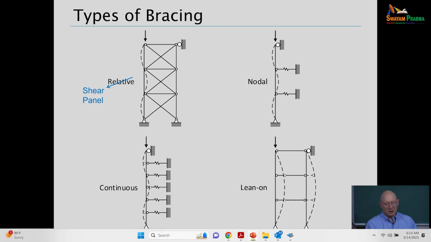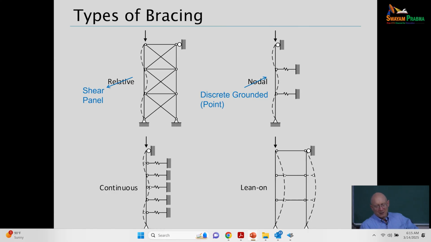Then there's nodal bracing, at the top right, which is now referred to as point bracing in the AISC standard, or if we want to be more wordy about it, a discrete grounded brace. The difference here is, you could say, a similar column to what we were just looking at, with two intermediate brace points and braces at the ends.